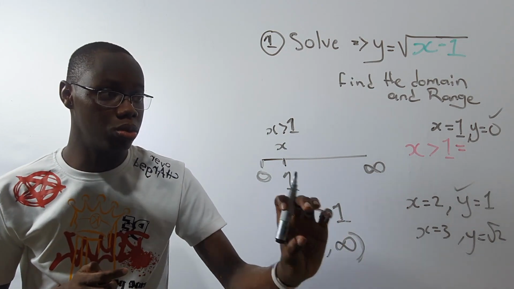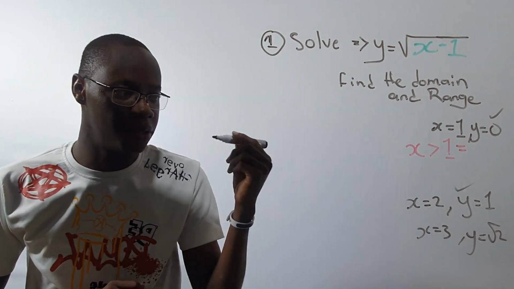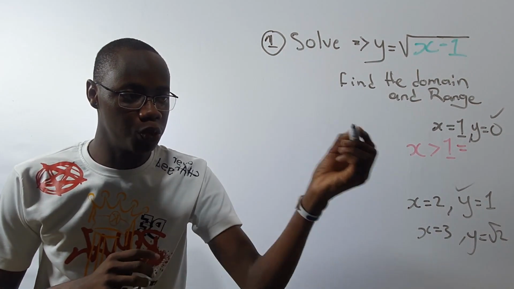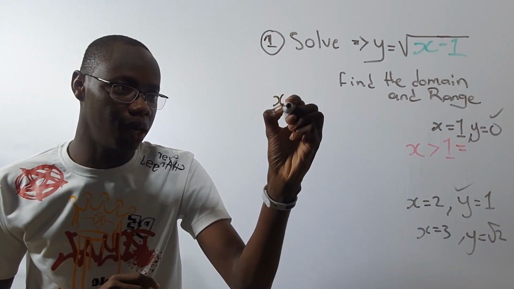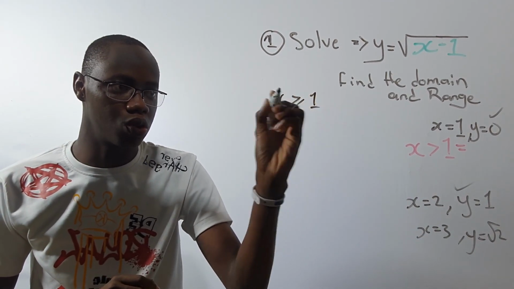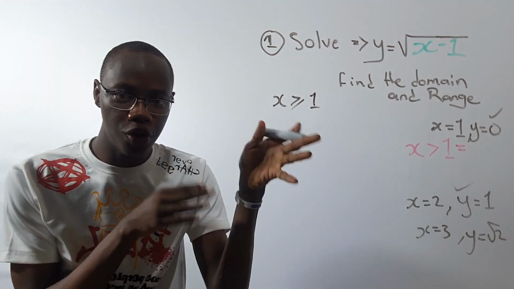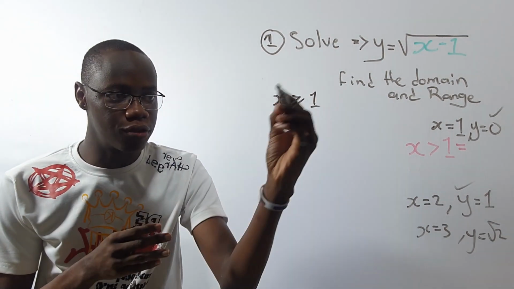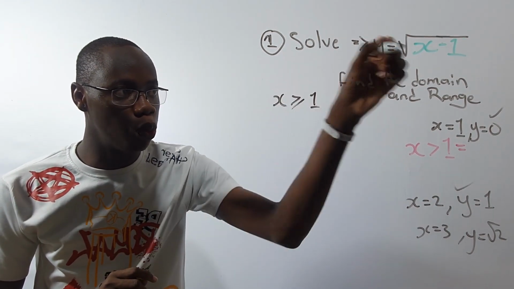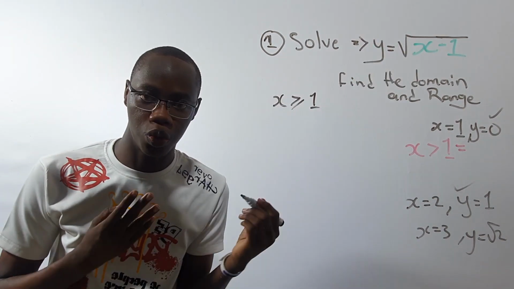So this is our domain. So what about the range? From what we got, the domain is x greater than or equal to 1. So 1 and above is the domain. So the range now is whatever we get from this. Every time we put 1 and above inside here, what do we get?